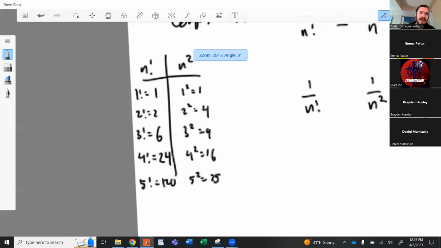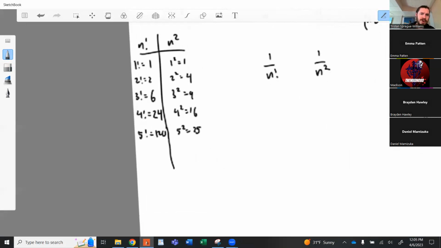And despite the fact that in the first few cases the squaring function was bigger, it soon becomes very obvious that as n grows, 6 factorial is 720 and 6 squared is 36. The factorial function is growing way bigger, way faster than the squaring function, right?